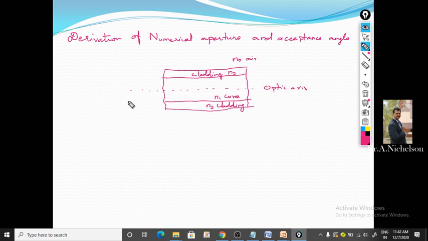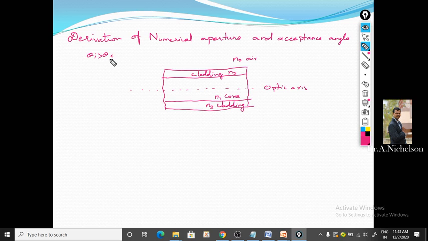So as we saw in the previous lecture about the principle of optical fiber, that is theta I greater than theta C, with this condition it will undergo total reflection, that is at the core cladding interface. Okay, so before that the light will enter into the optical fiber.